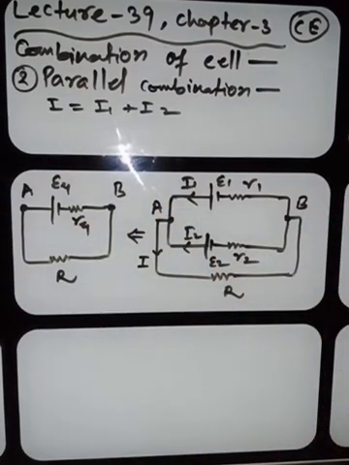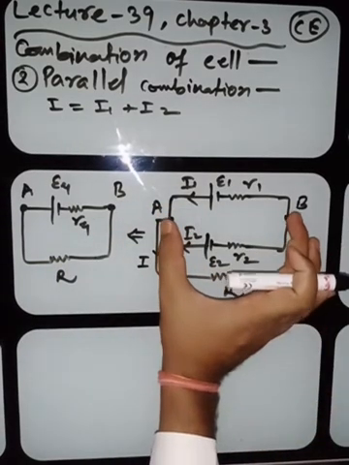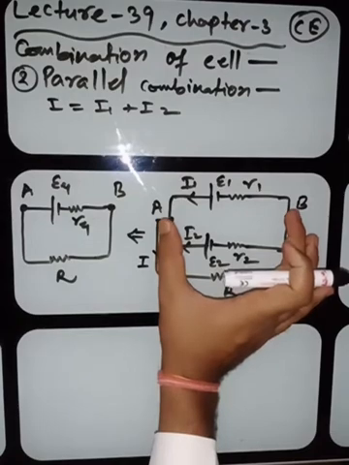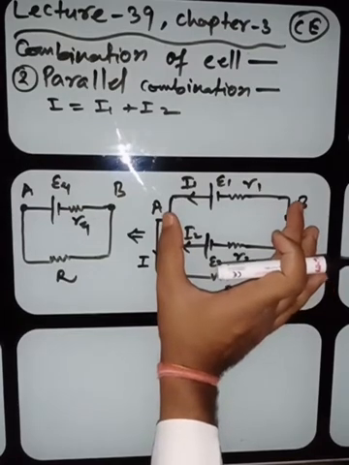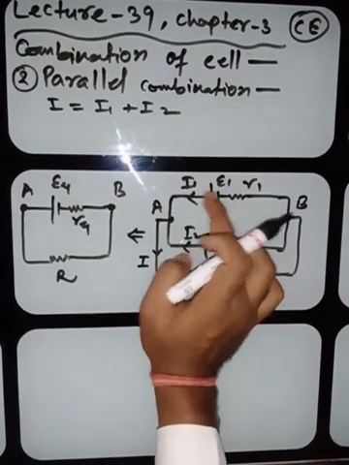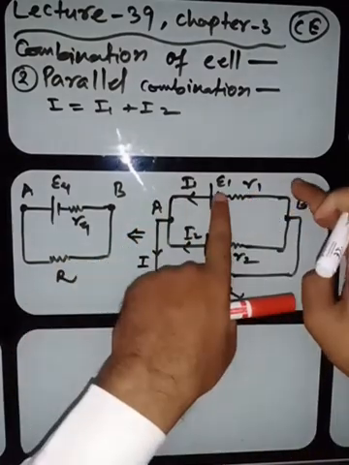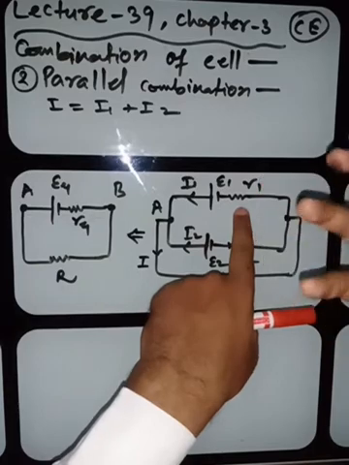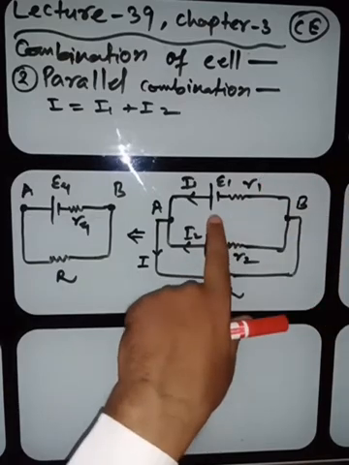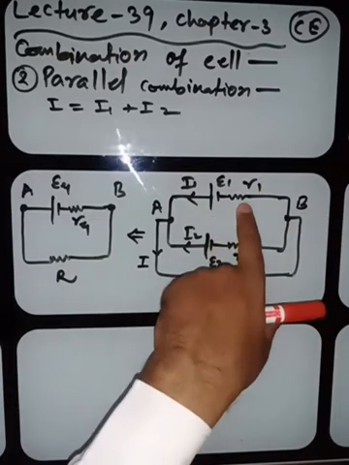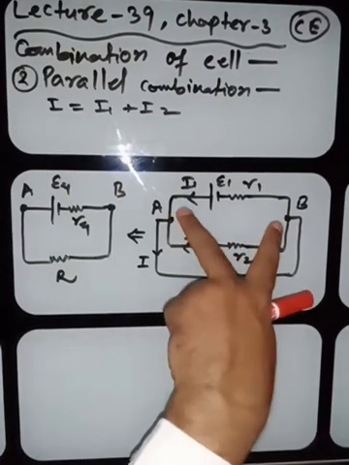Now, suppose this is the terminal A and this is the terminal B. What will be the potential across these two terminals? The potential over here will be E minus IR. Here the total potential will be the EMF minus the potential which is dropped over here. If it is 1.5 volt and here 0.5 volt is dropped, the total potential will be how much? 1 volt.